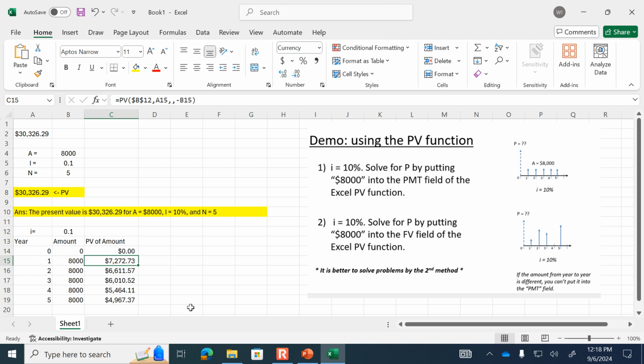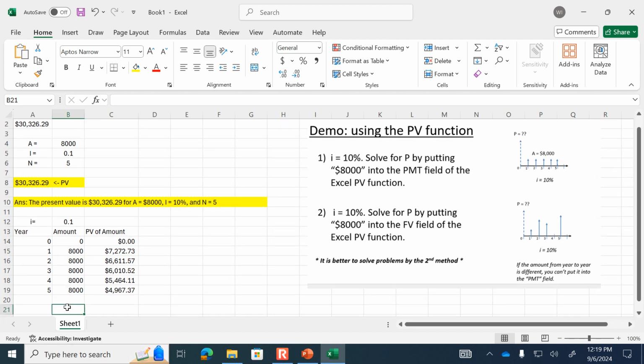So the reason, remember, is that money in the future is less valuable than money now. And so therefore, money further in the future, like this $8,000 in year 5, if you discount it 10% each year that you're working it back towards year 0, it's going to be worth a lot less than these amounts which are earlier in the cash flow time frame.